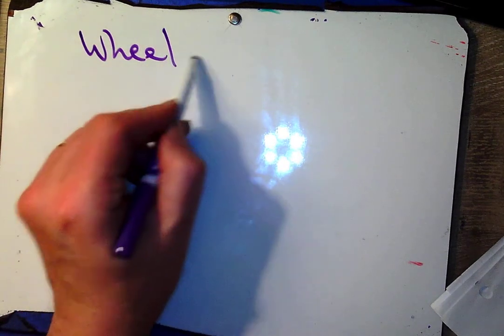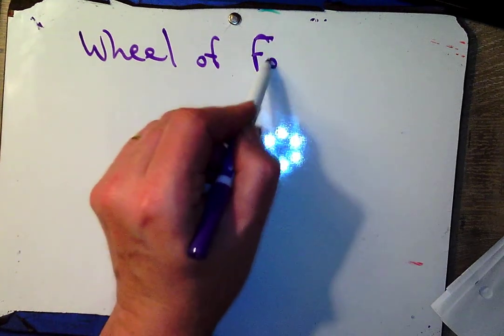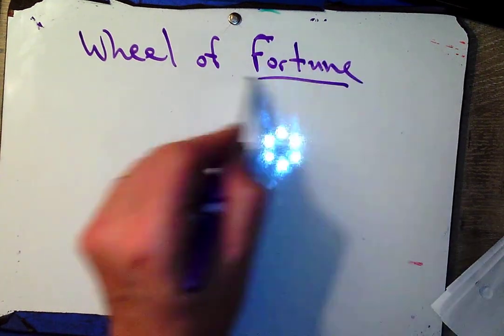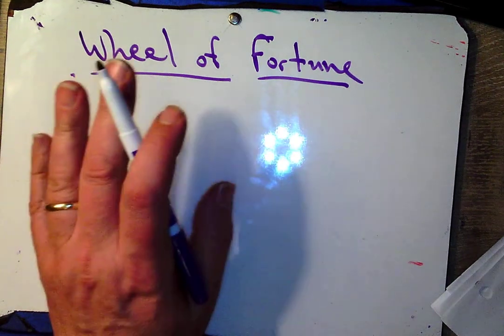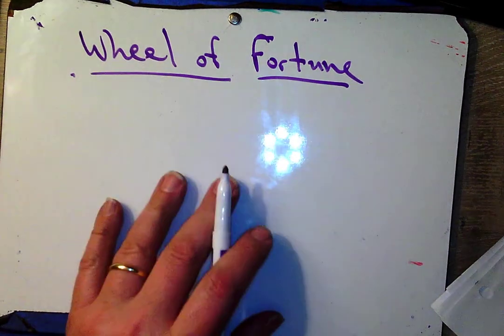Okay. I think the last one I want to look at with you, but we have plenty more practice problems if you want, deals with the Wheel of Fortune. I have no idea if this TV show is still on or not. I have no idea even if you've ever heard of this show.